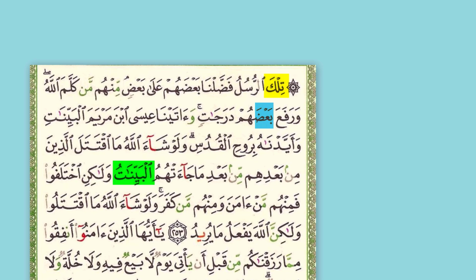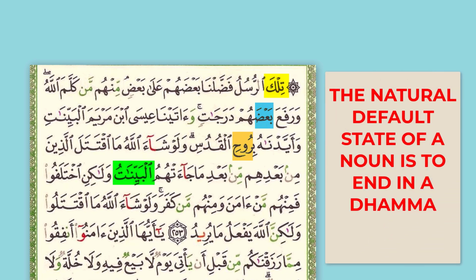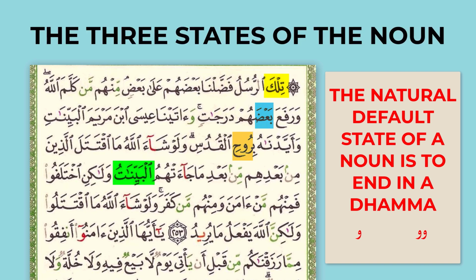Is it coming after a preposition? It will tell you. In its natural form, all the nouns always end with a dhamma. All the time. They change when something happens in the sentence. When they perform a different function in the sentence, then they change, brother.